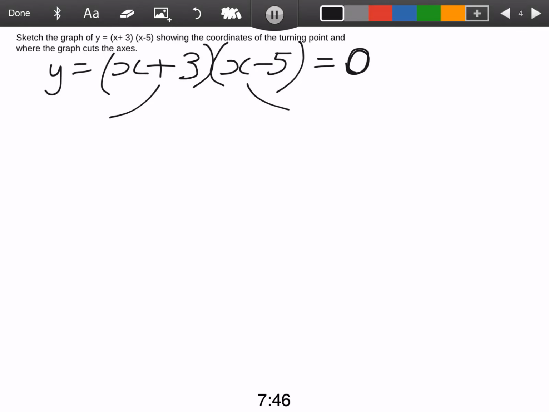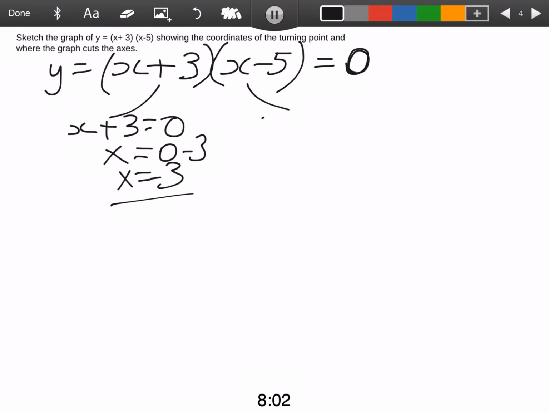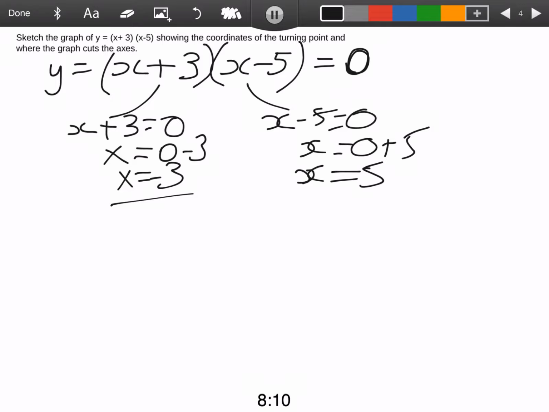We're finding the points where this quadratic or parabola crosses the x-axis, and we do that by setting the factors equal to 0. If that was equal to 0, move the +3 across, take it away, x is -3. And on this other factor, if that was equal to 0, x equals 0 plus 5, x is 5. Those are what we call our roots, our solutions.